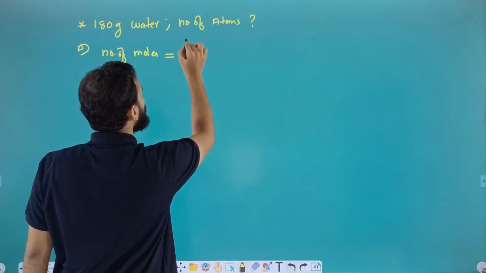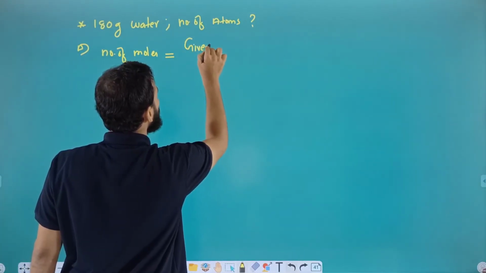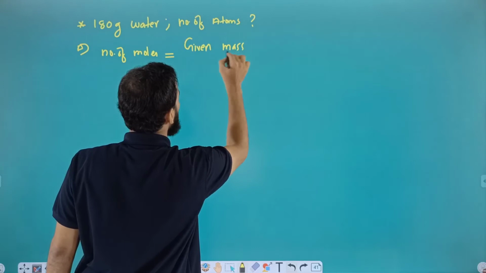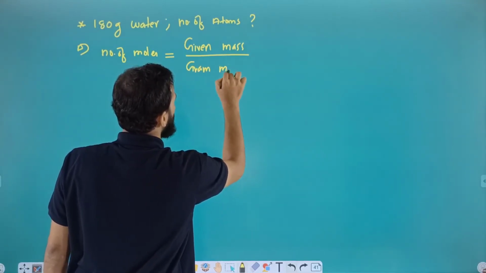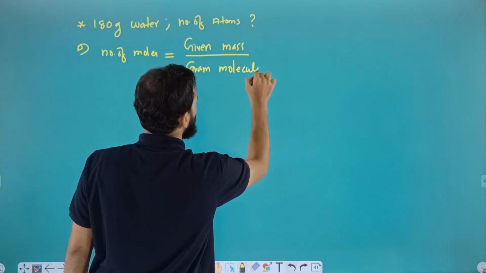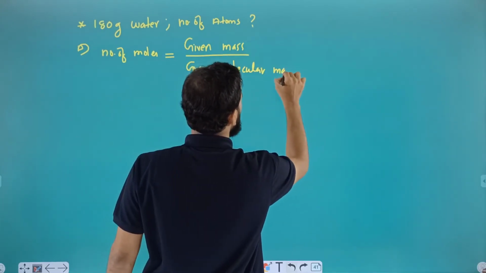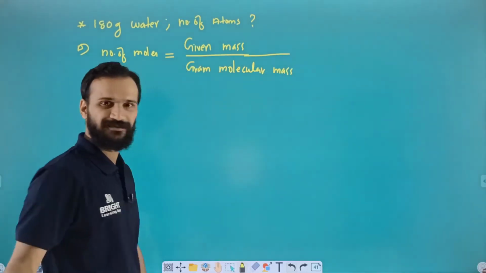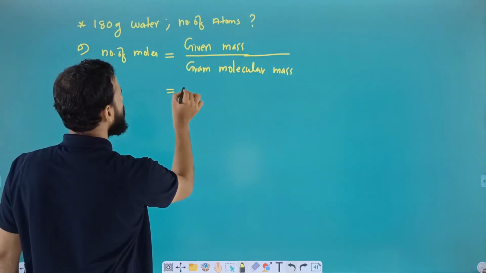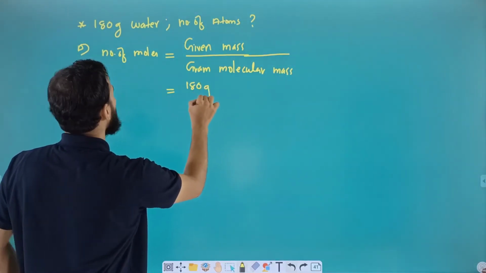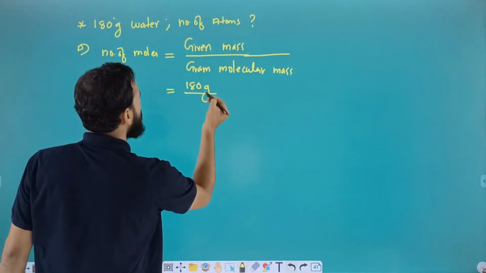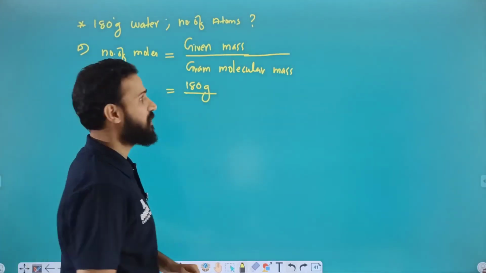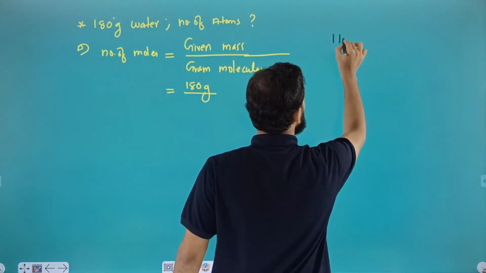Given mass divided by gram molecular mass. This is the equation we can use. The given mass, already given in the question paper, is 180 gram, divided by the gram molecular mass. The question is about water, H2O.